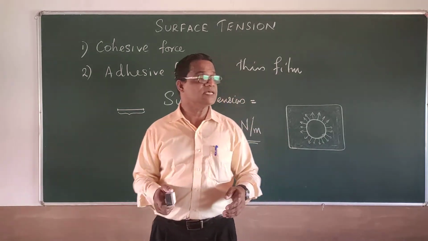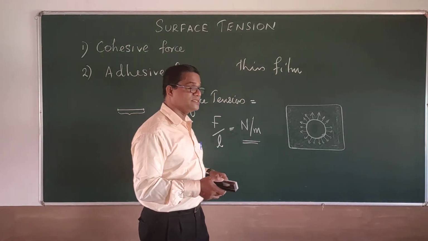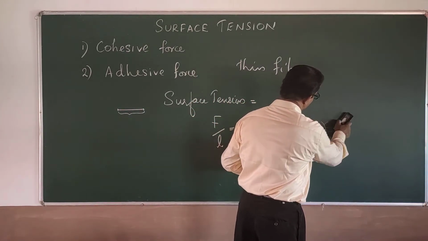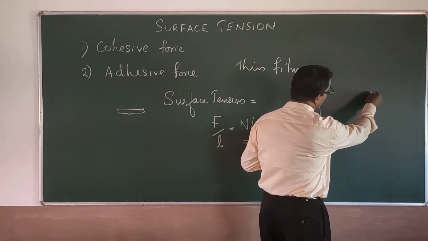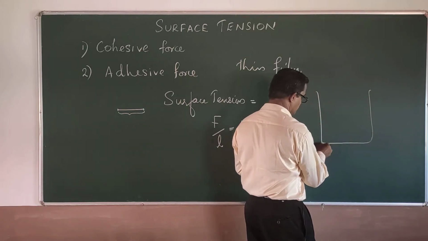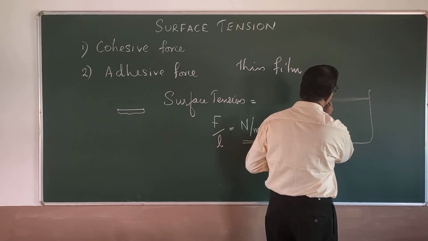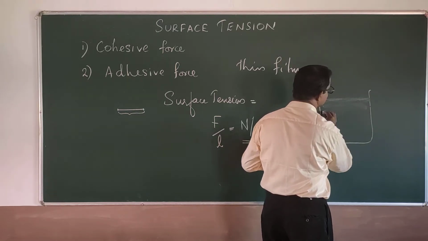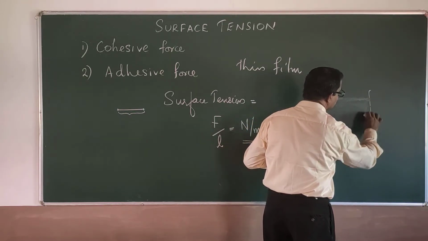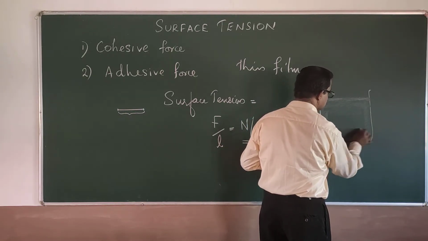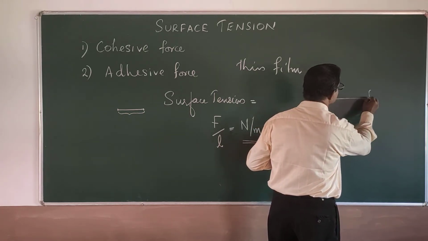Now, why is the free surface acting like a stressed membrane? Let us see. To explain that, I consider a beaker taken with water in it, filled with water, and the water is at rest. This is the free surface, right?